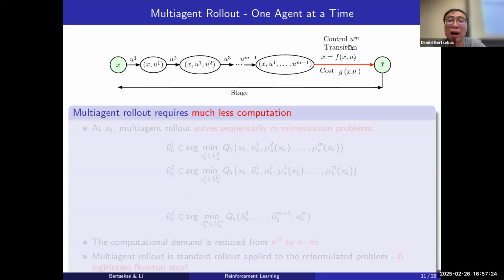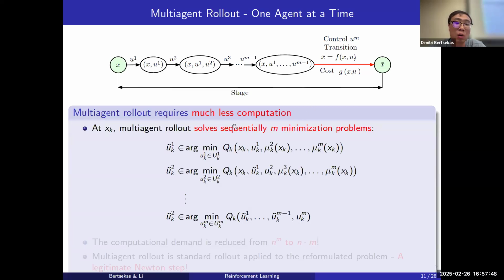And at this point, after selecting control UM, we use the original system dynamics to get to the next state, X bar, at a cost g(X, U), right? And so only this stage has cost. So when we apply standard rollout for this reformulated problem, we get multi-agent rollout, whereby at xk, it solves sequentially M minimization problems.